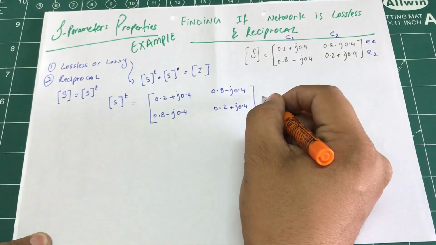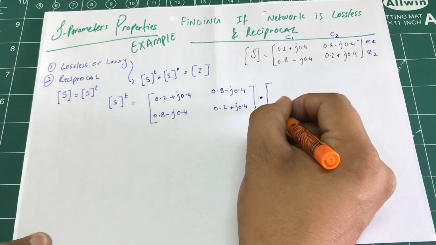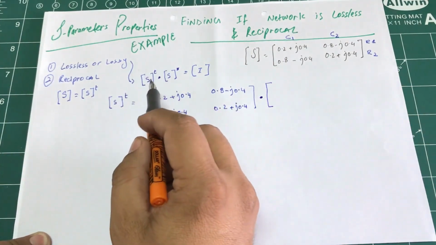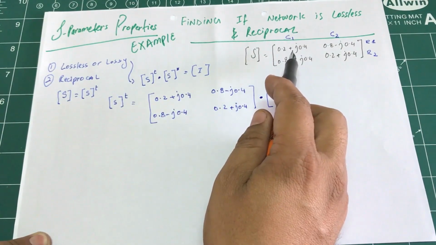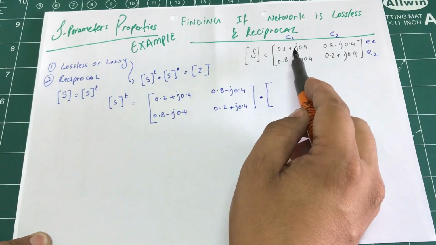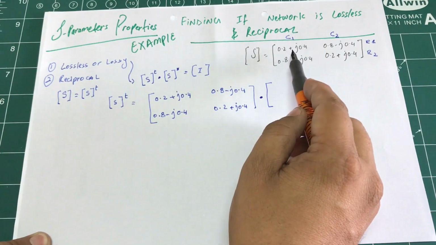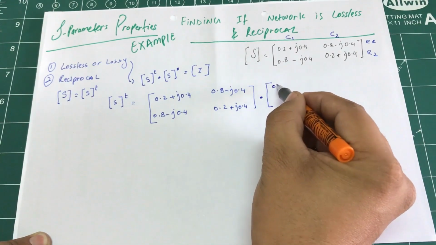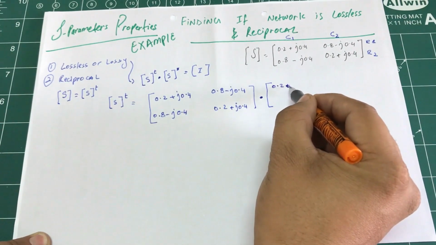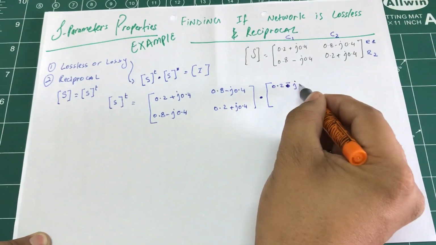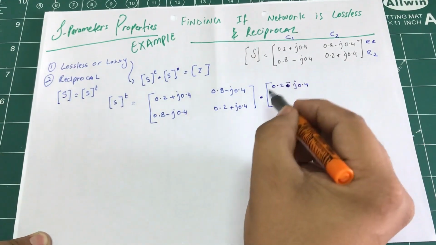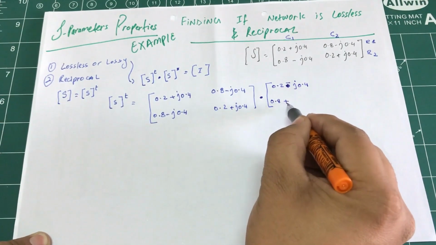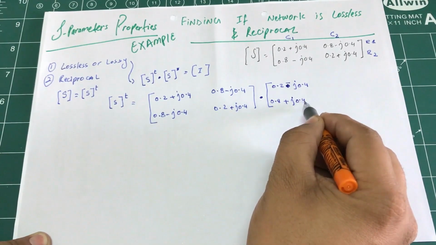All right, then I need to take a dot product with the conjugate of this matrix. For the conjugate of this matrix, I'm going to pick up this and change the sign. That's it. The conjugate is just changing the sign in the middle. So 0.2 will become negative j 0.4. This would become 0.8 plus j 0.4.